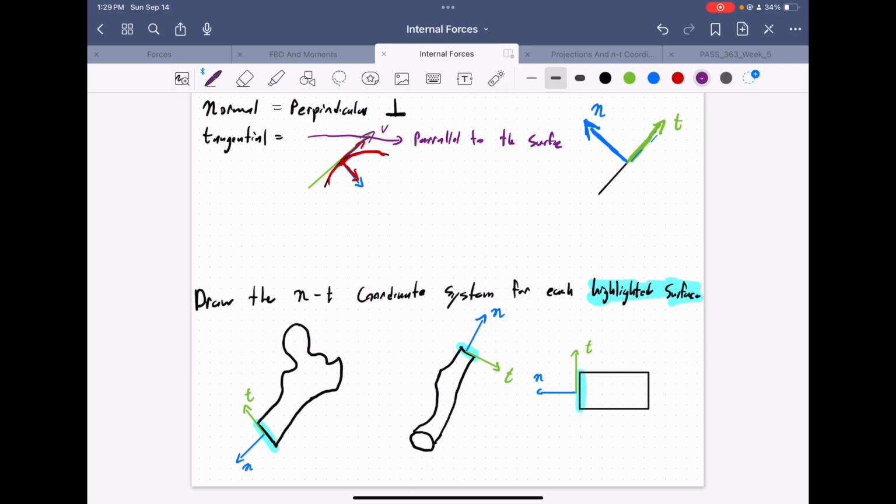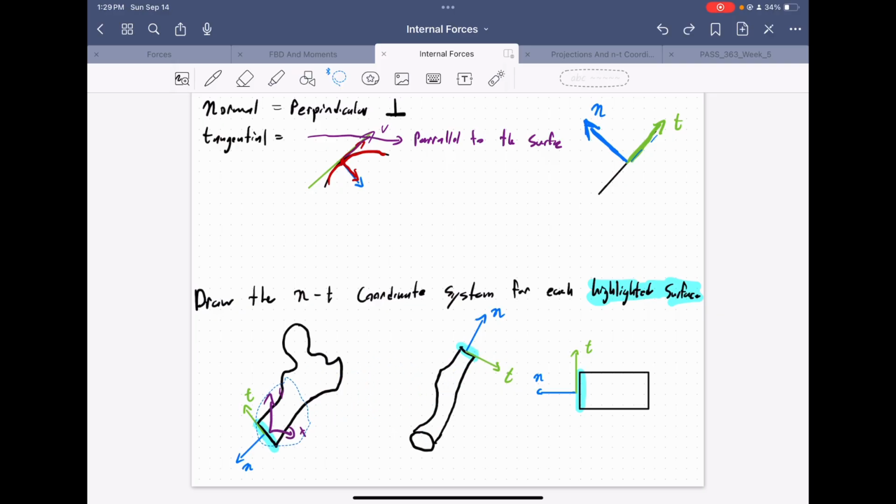Because if we just followed x and y, right? X and y, that's different. If we calculate something here, that's different relative to this long axis of the bone.